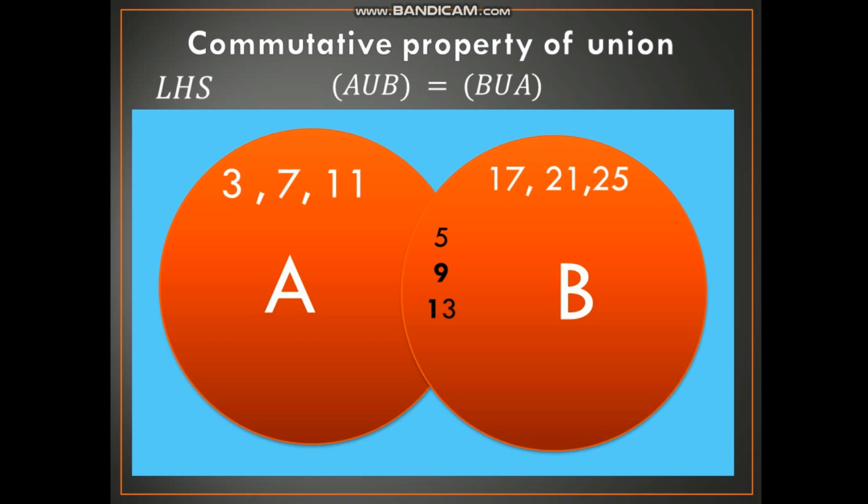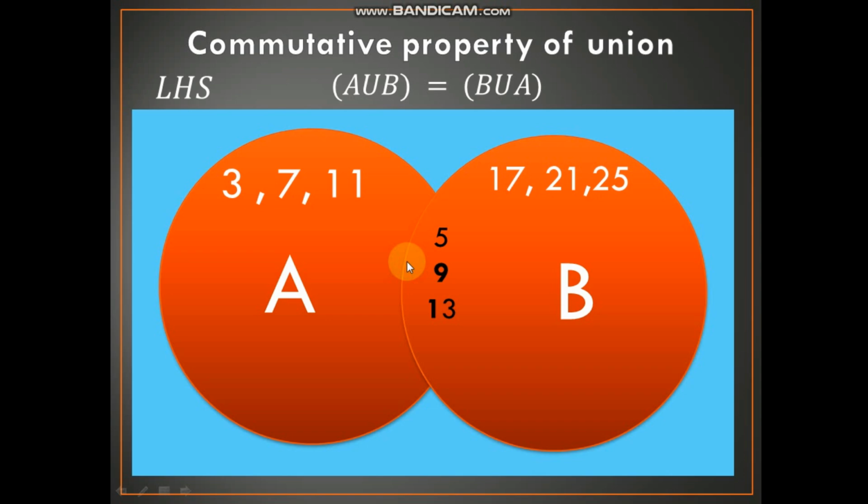So according to the left hand side, in a union you have to write all the elements of set A and all the elements of set B, but the common elements you have to write only a single time. That's why 5, 9 and 13 we write a single time in the area which is in both sets, right?